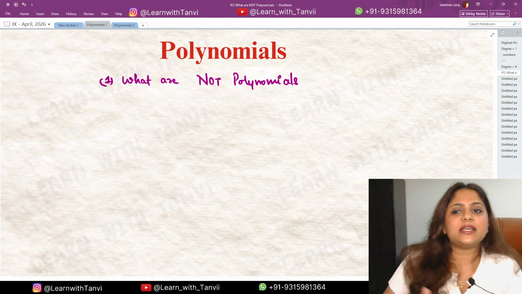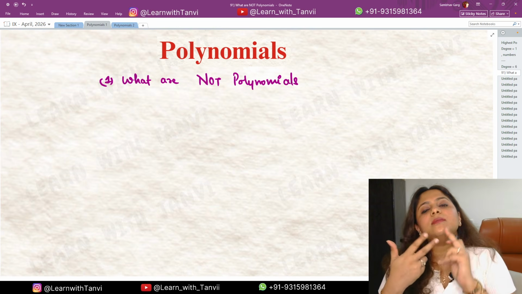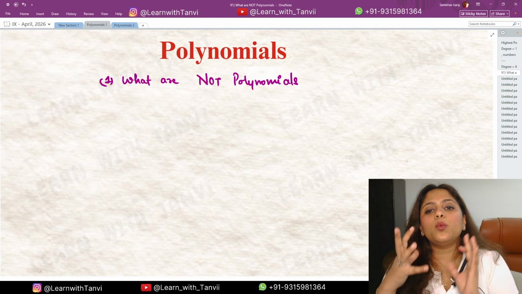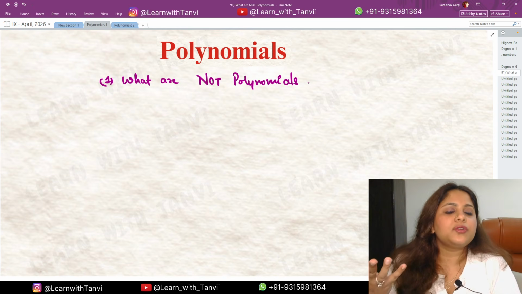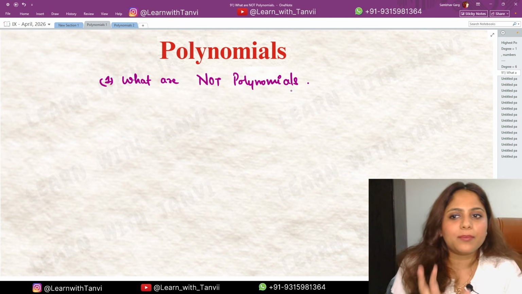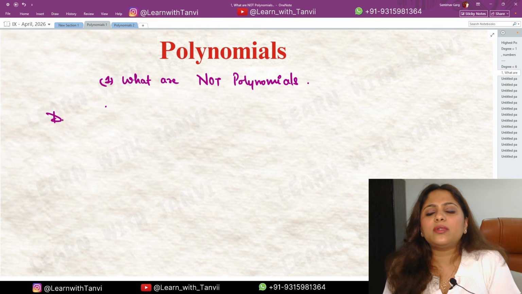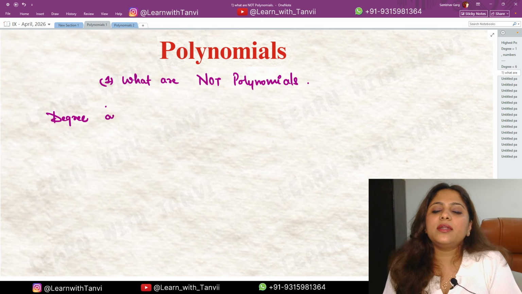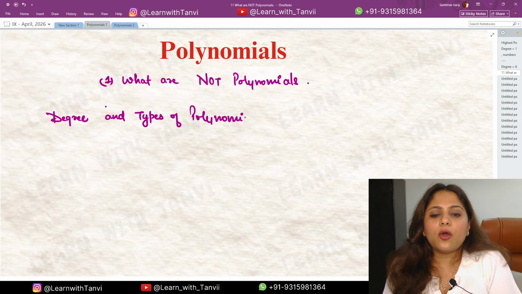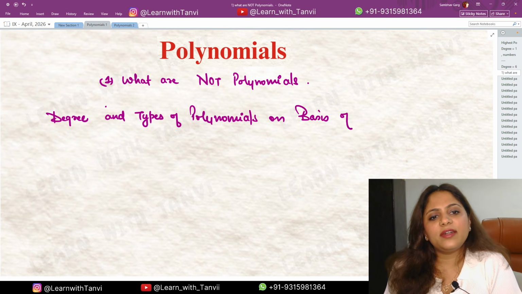CBSE ने अभी NCERT has not given this question, but it is there in NCERT examples. It comes in your 10th standard as well. That what are not polynomials? So you need to do this. If you don't know this topic, let me know in the comments. I'll help you out. Second is that what we learned. We learnt about the degree and the types of polynomials on the basis of degree.